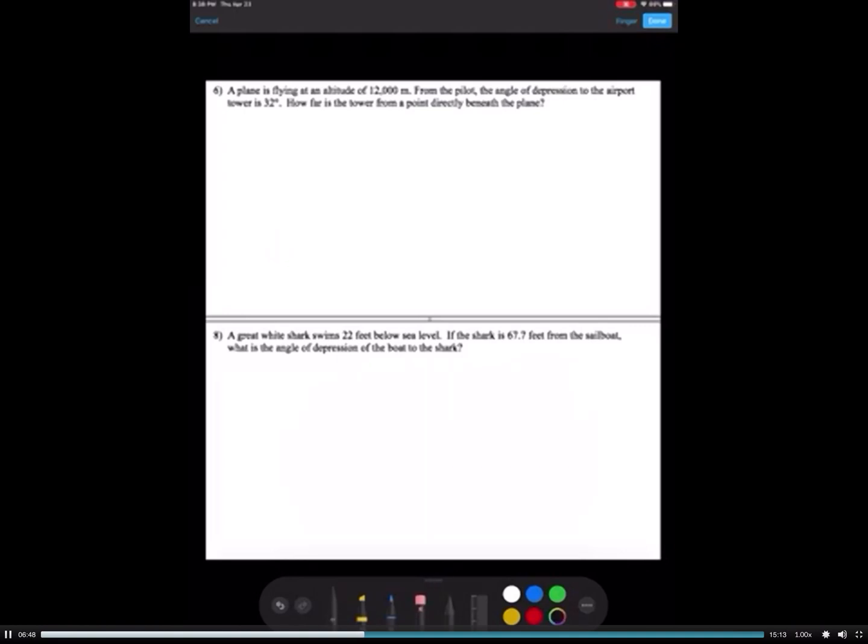Okay, here's my airplane. Yep, that's an airplane. And it's 12,000 meters high. Okay, from the pilot, maybe I drew my airplane backwards because we're going to put the airport tower.